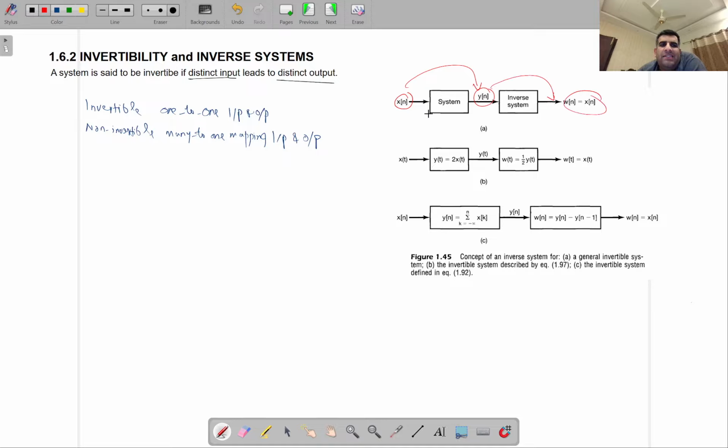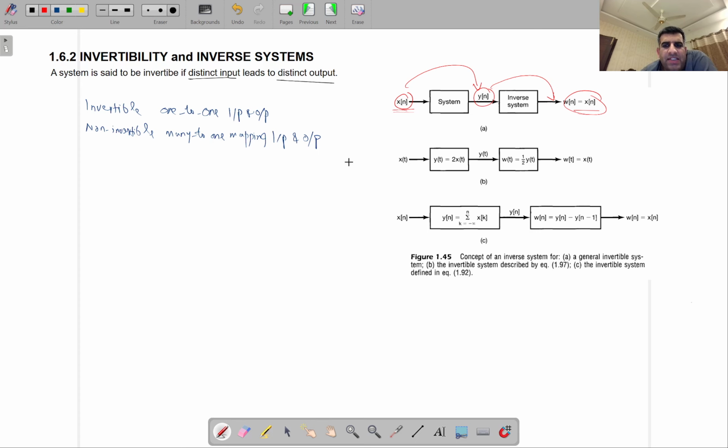So if a system is invertible, cascading the system and the inverse system in a series connection gives you back the original input which was given to the first system. That is one pictorial representation of a system having an inverse system.